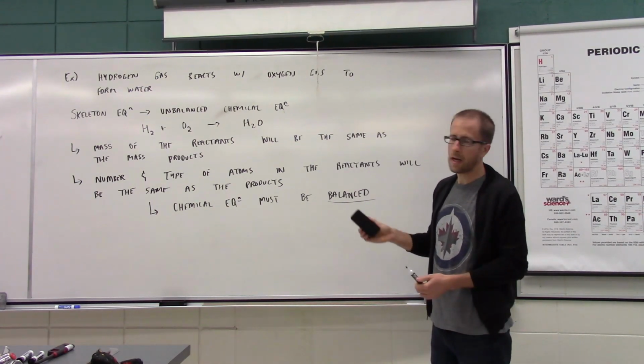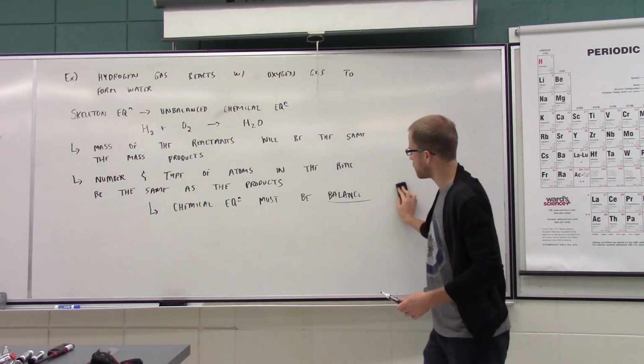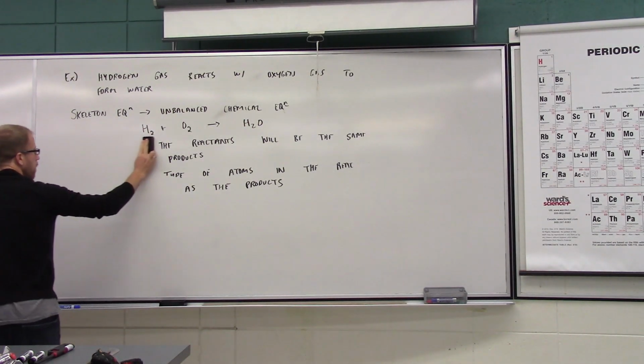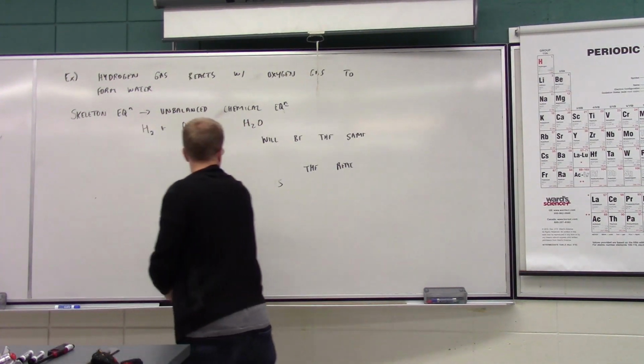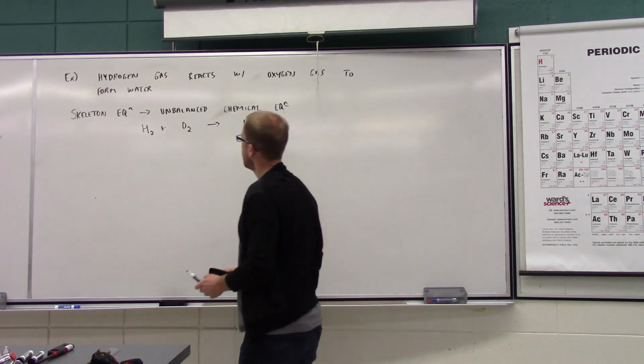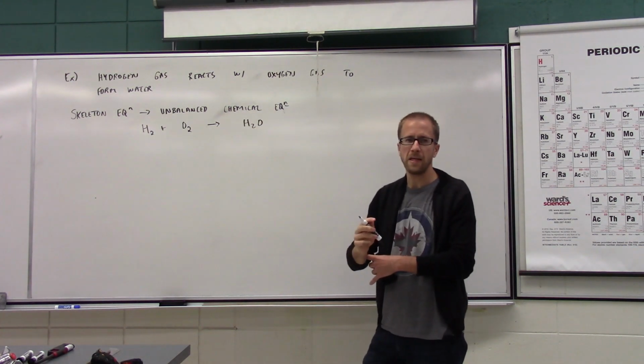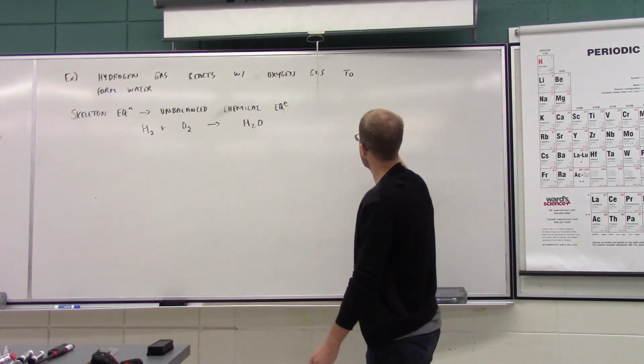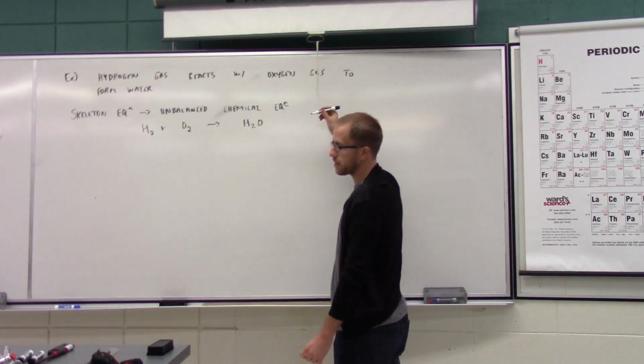Now we're going to be using that other skill that we practiced just a couple of days ago from grade 9. Counting atoms. So once you have your skeleton equation, we're going to put a set of steps here for balancing.